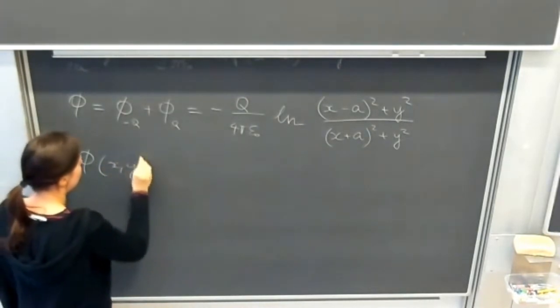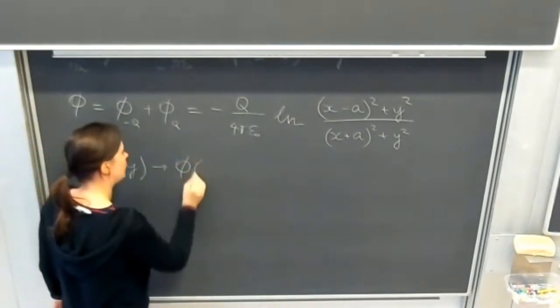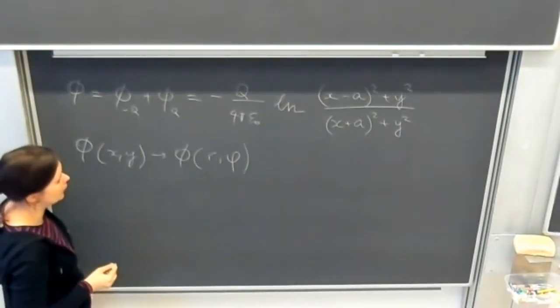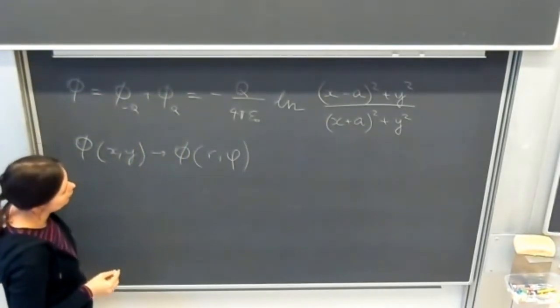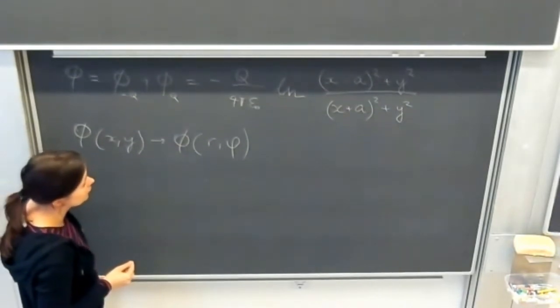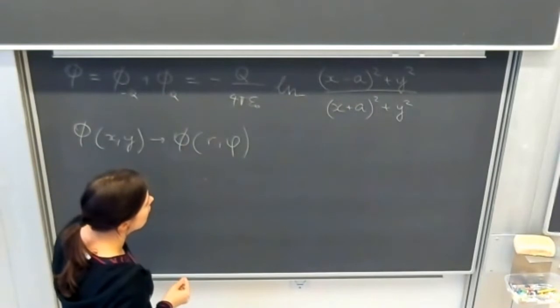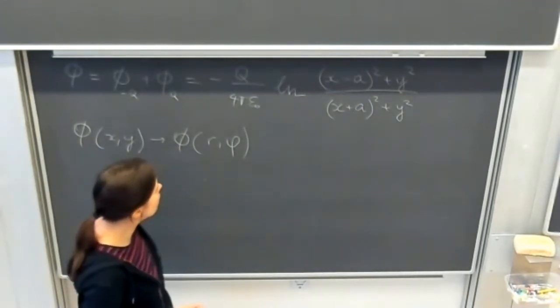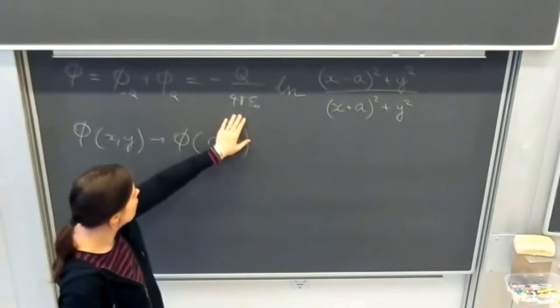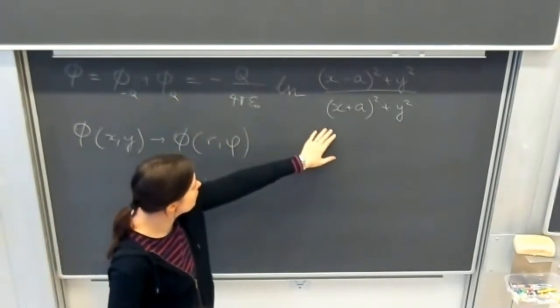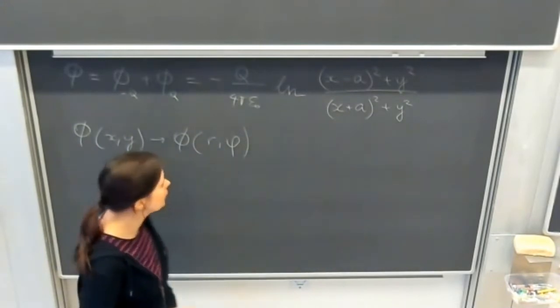So from x and y coordinates to r and phi. I will write this part inside the natural logarithm, because this part is independent from rectangular coordinates, and then I will open this bracket.